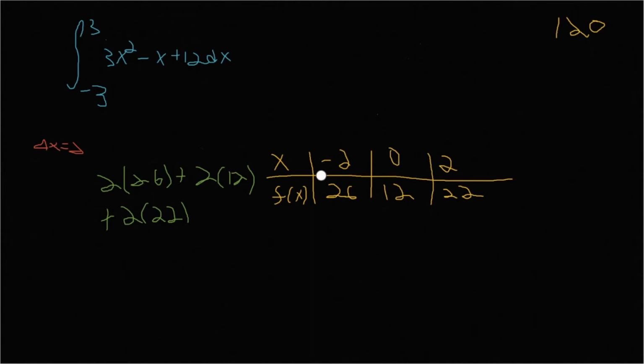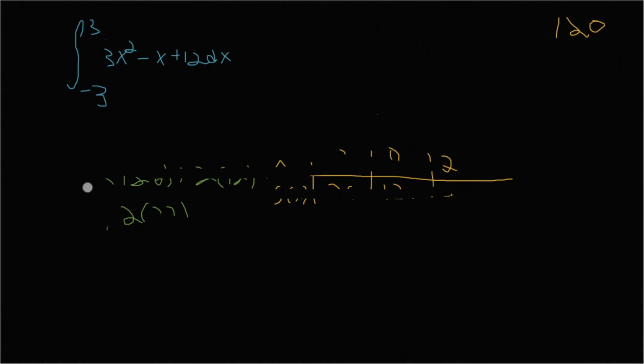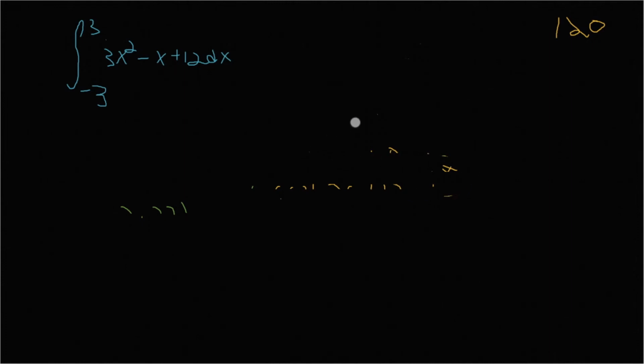But let's instead see what would happen if we substituted this in when we actually integrated it. So we have our integral from -3 to 3.